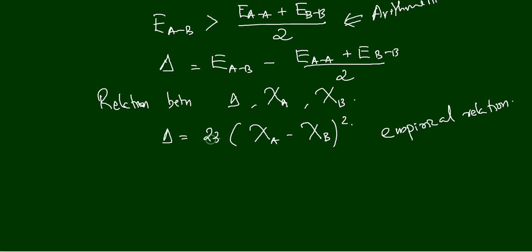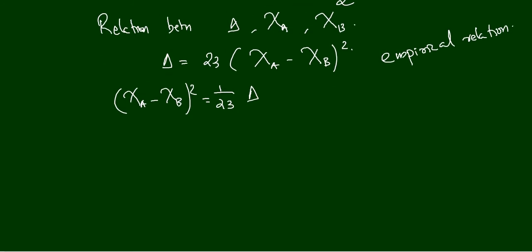Okay, so delta is equal to 23 into (chi A minus chi B) the whole square, and it means that (chi A minus chi B) the whole square is equal to 1 divided by 23 into delta, or chi A minus chi B is equal to root of 1 divided by 23 into root of delta.